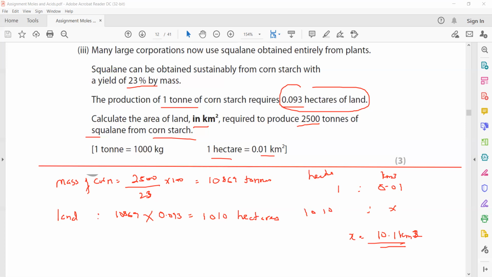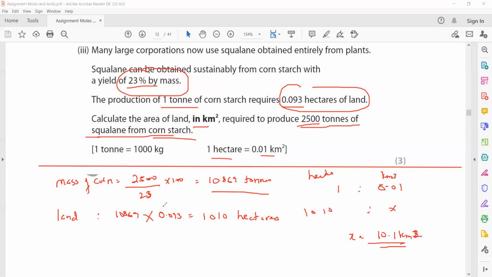Is it clear, this question? So first what we did, because I mentioned we want to produce 2500 tons of squalene from cornstarch and that can only produce 23%, we found first the total mass of cornstarch needed, which is 10,869 tons.